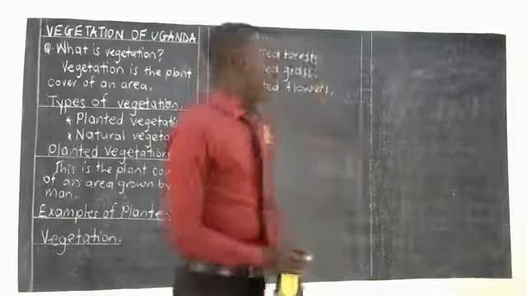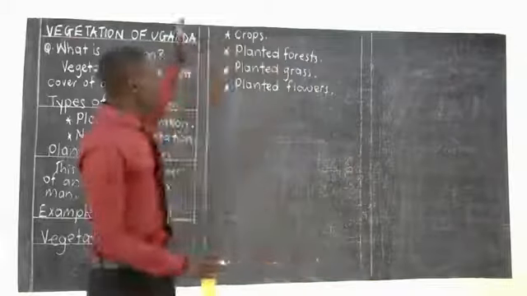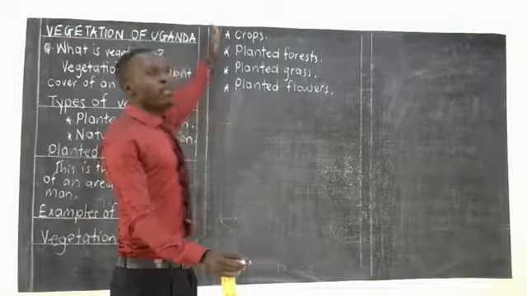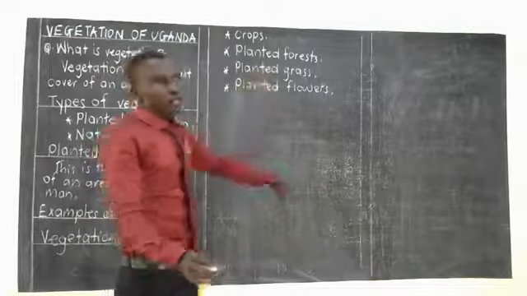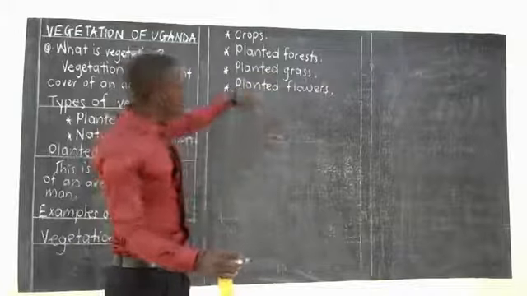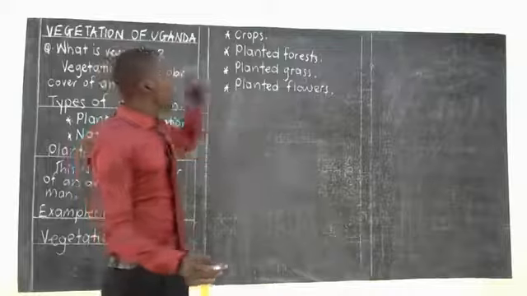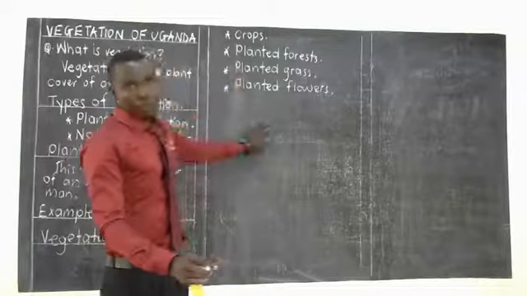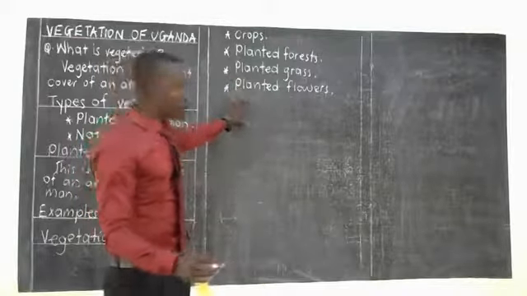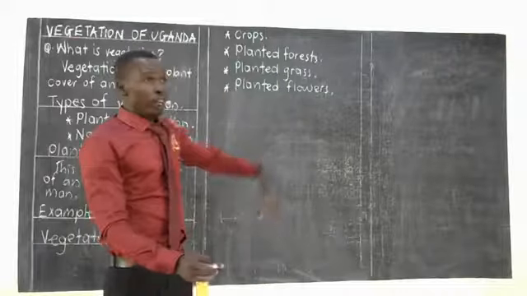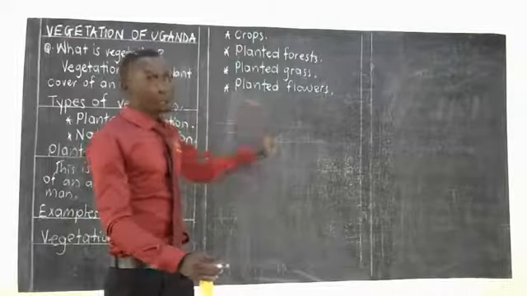So it's important for us to know that this vegetation falls under planted vegetation. We say people plant grass to control dust, control soil erosion, and beautify the compound. Likewise, flowers are also planted to beautify the compound, and some flowers are meant to show love.